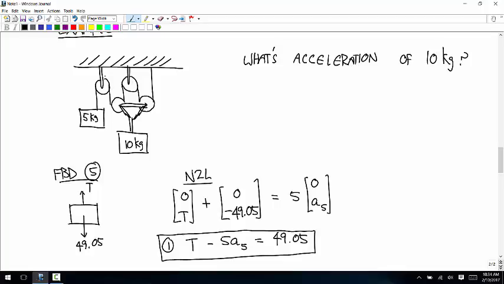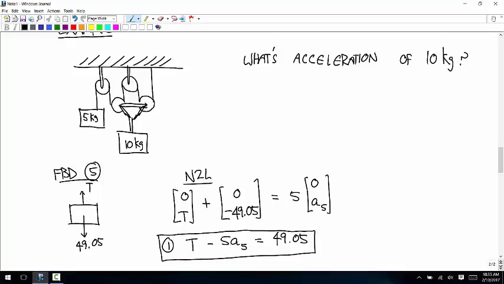Setting up this system of pulleys like a block and tackle meant that even though the 5 kilogram mass is half of this 10 kilogram mass, it's more than enough to balance this weight. And so the upward acceleration of this is 1.09 meters per second squared.